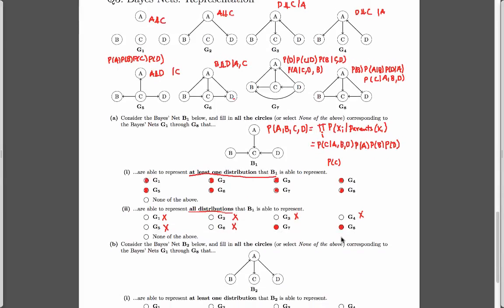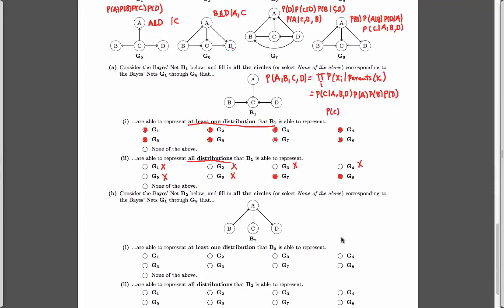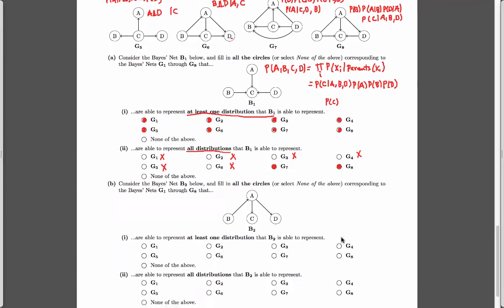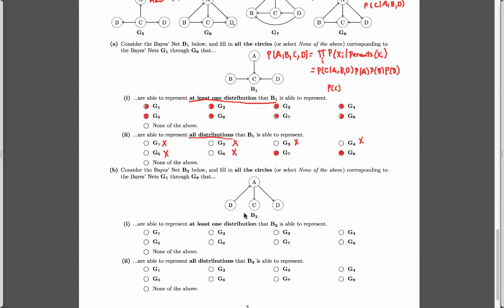Now let's look at part B. This is a question identical to the first, except we have a new graph now, and this graph is B2, and we can write the distribution just like we wrote before.